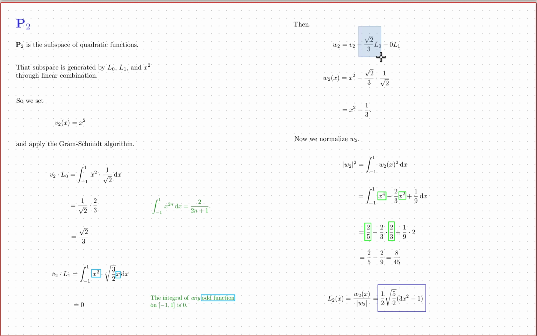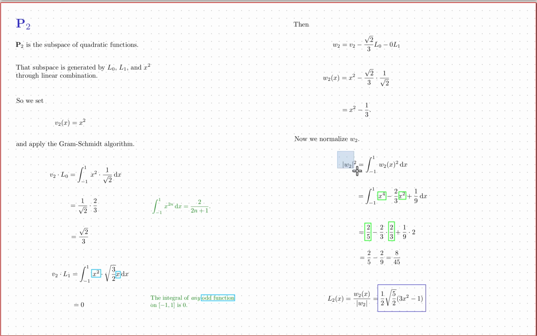Let's see, L0 is just 1 over radical 2. The radical 2s cancel, so we just end up with x squared minus 1/3. So this is what I'm going to call W2. This is now orthogonal to both L0 and L1, but it is not yet normalized to have unit magnitude. So that's what we'll do next.